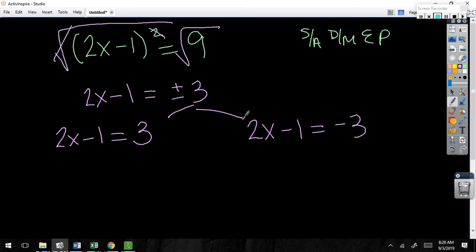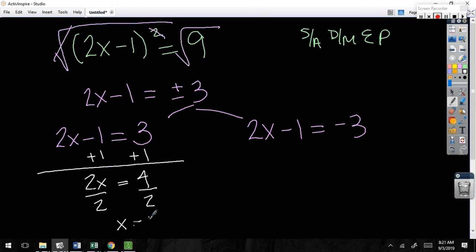Okay. Now solve each one individually. How do I solve the first one? You add 1 and then divide by 2. So one of the answers is going to be 2. Close. Solve it out. It's going to be a little bit different.